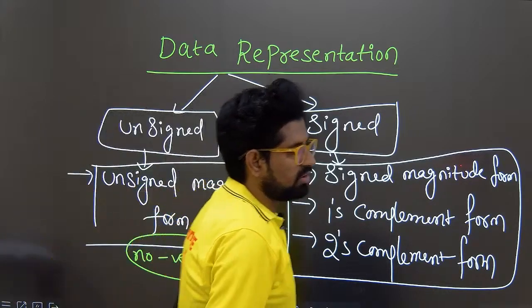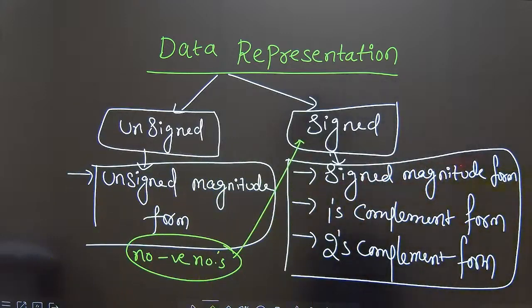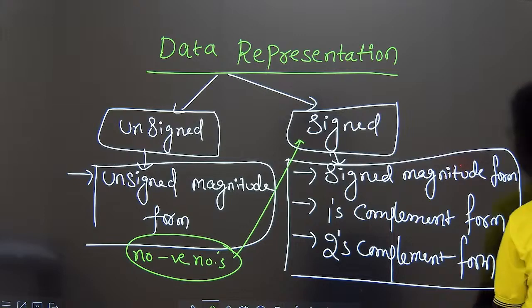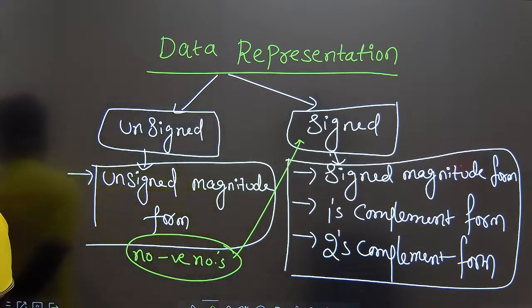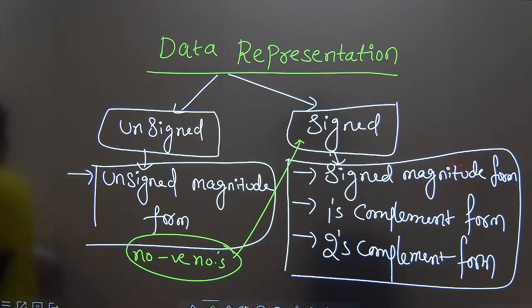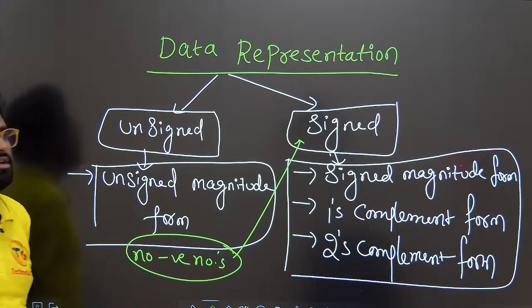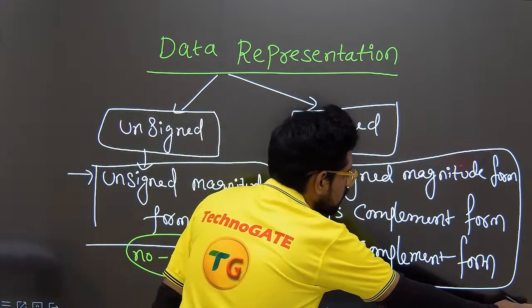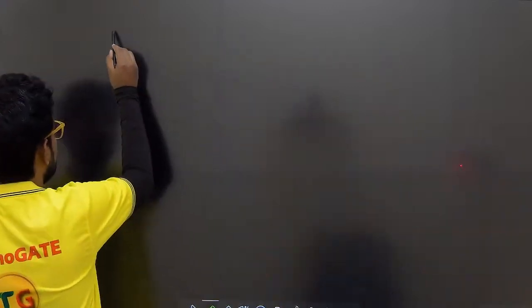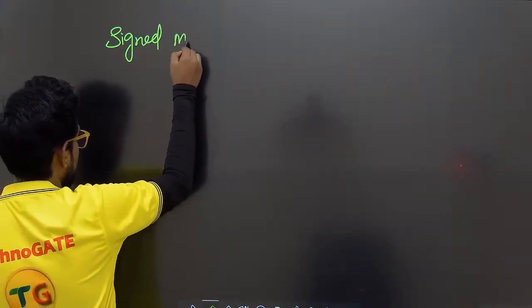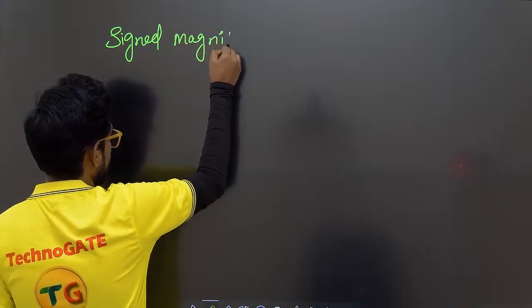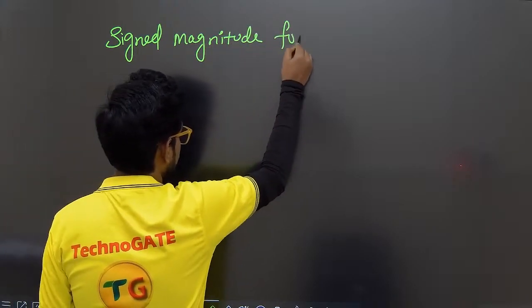Kindly note down the various formats that I have given. Now let us discuss the next format, which is the signed form. In the signed form, we have three types: signed magnitude, 1's complement and 2's complement. First I am going to discuss signed magnitude form.